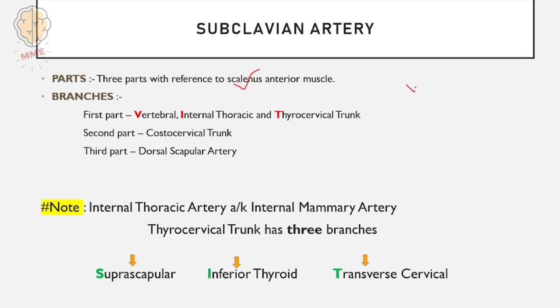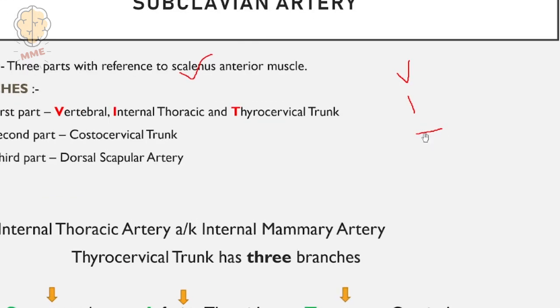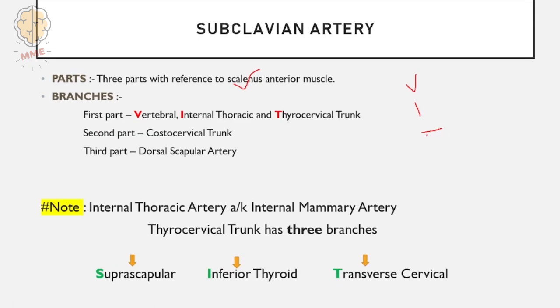VIT: V for vertebral, I for internal thoracic, and T for thyrocervical trunk. Remember this with reference to the scalenus anterior muscle. The second part has the costocervical trunk, and the third part has the dorsal scapular artery.